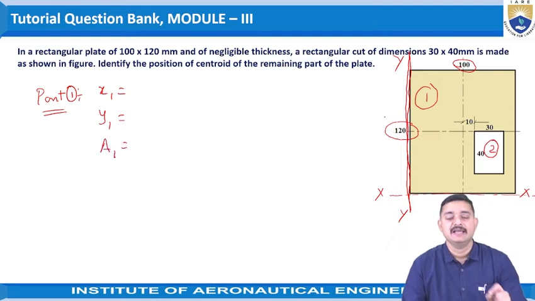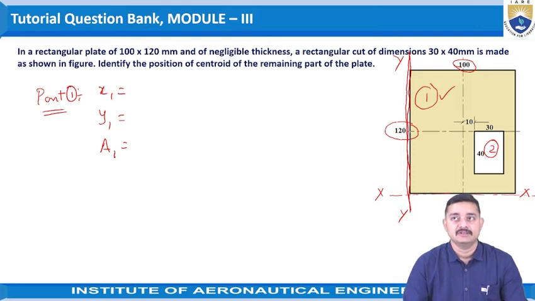What is x1? x1 is the distance of the centroid of part 1 from the y-axis. The length is given as 100 mm, hence the centroid lies at the middle, the intersection of the diagonals.